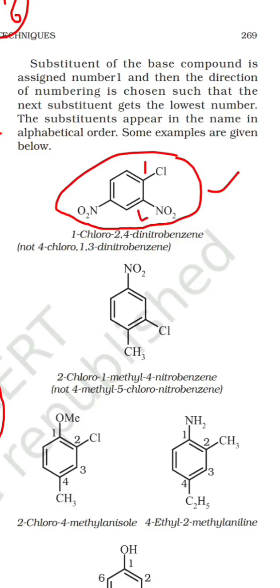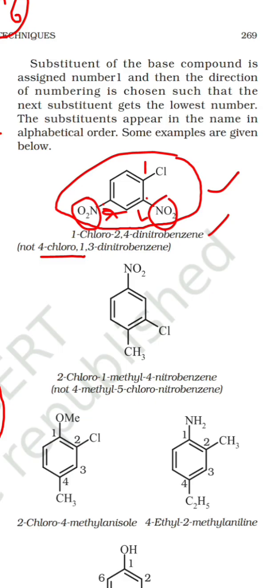And this nitro, this is the fourth nitro. That means 1 chloro, 2 comma 4 dinitro benzene. This dinitrobenzene is the name of the compound. It is not 4 chloro because in alphabetical order chlorine comes first. So chlorine gets the first number.